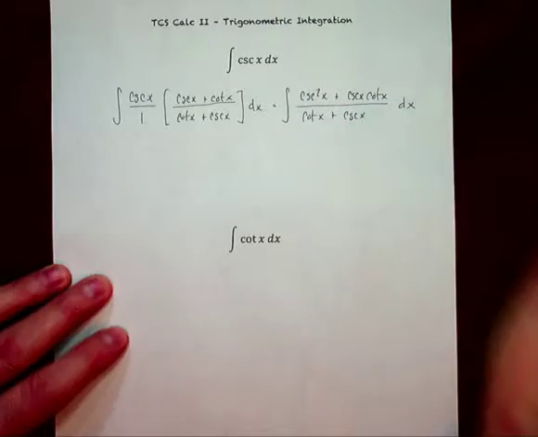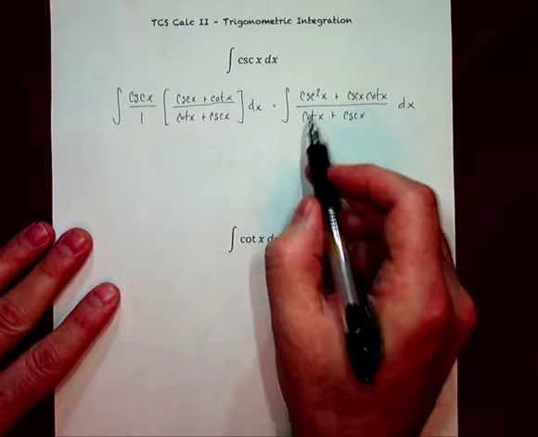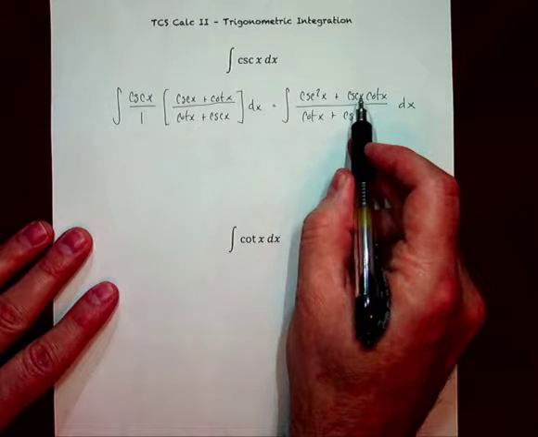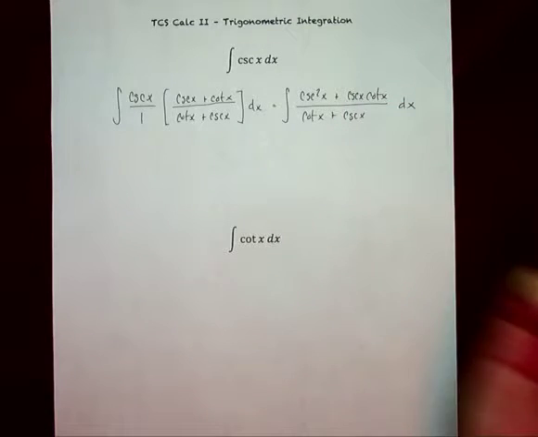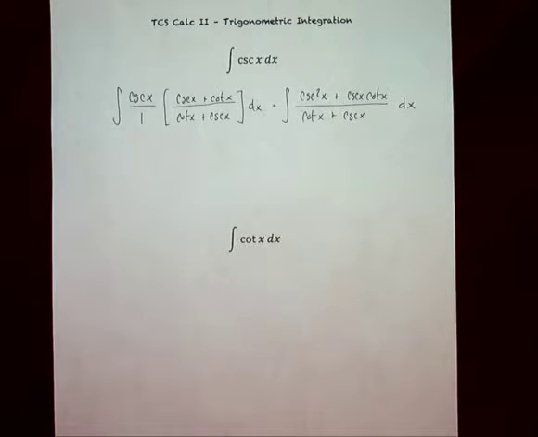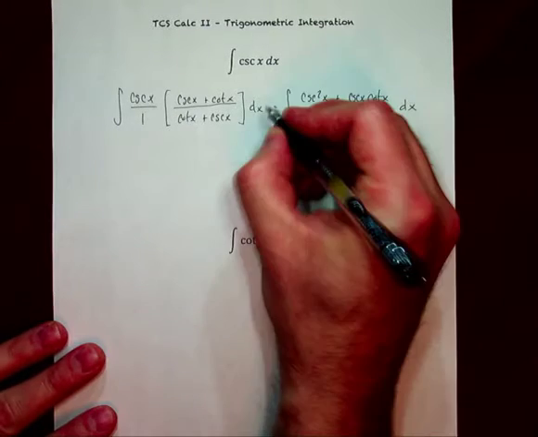That is almost perfect, but remember that both of these need to be negative. So just like I did with the integral of tangent, I made the numerator negative. I just have to do the same thing here.